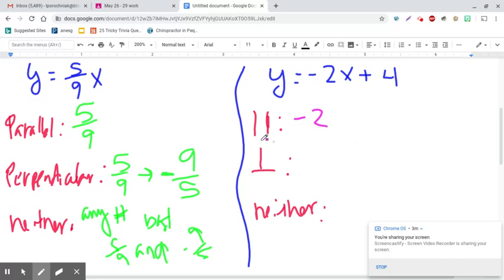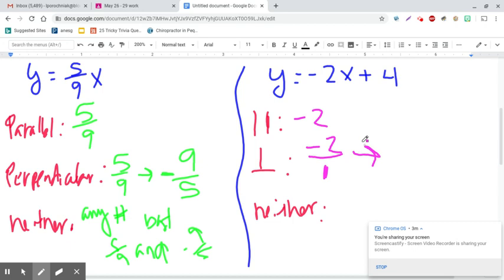Okay? Now for the next one, for the perpendicular, we want the opposite reciprocal. So anytime you're doing this, put it in fraction form. Negative 2/1. Guys, remember, if it's a whole number, it's always over 1, because anything divided by 1 is itself. It doesn't change it. But we need to make the opposite reciprocal of this.